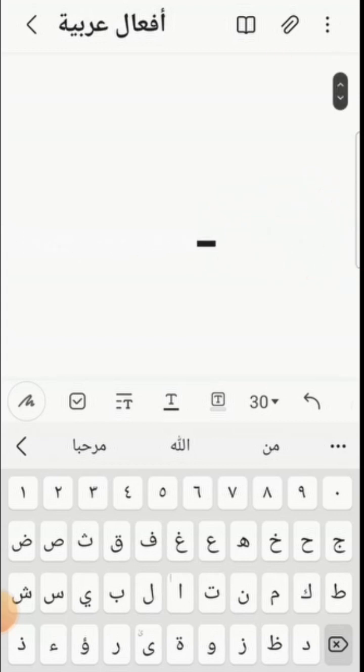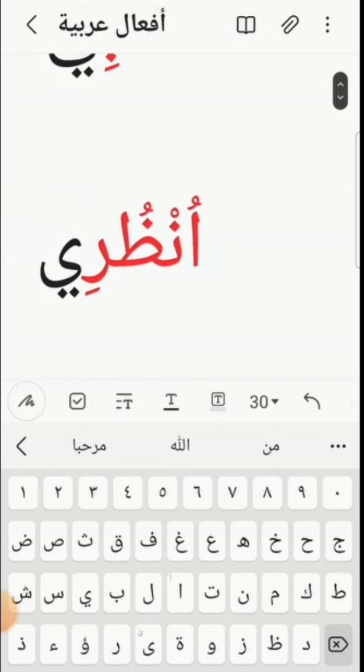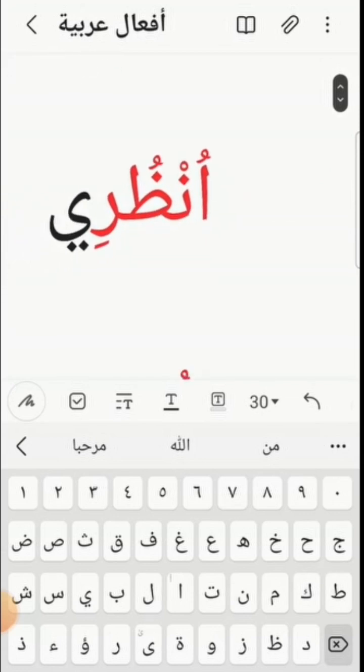For a lady, I would say انظري هنا, look here. Or انظري إلى الحرف, look at the letter. And that is a letter of the alphabet, obviously.